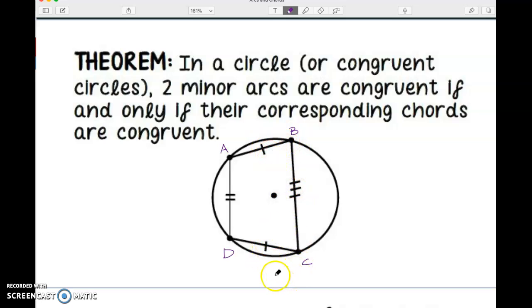They have one tick mark, which means those have the same length. Then we know that the corresponding arcs, A to B and C to D, would also be congruent. They would have the same measure.